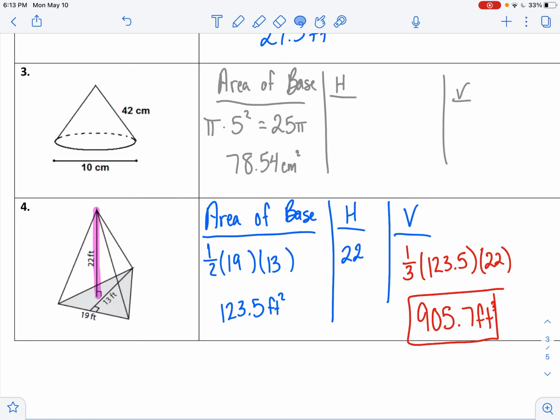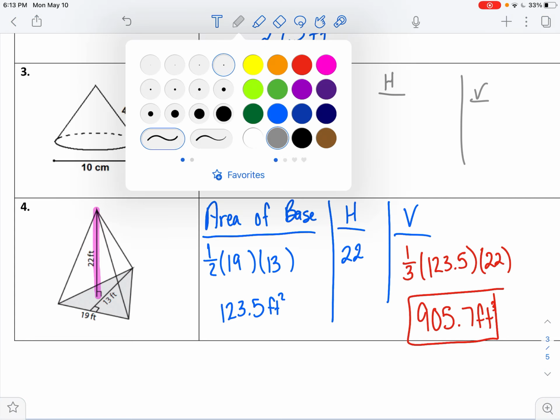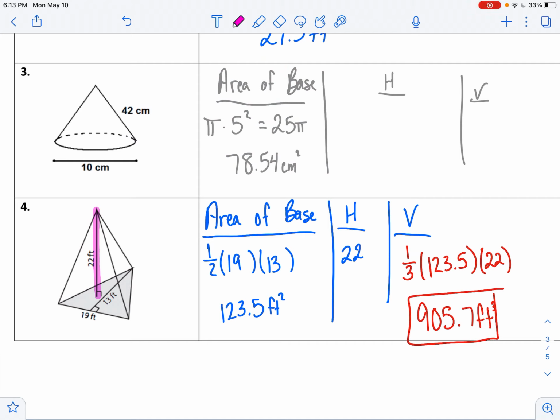I'm actually going to move this over. The height gets a little bit tricky. I'll do this in pink. Because this is the height straight down. It is not 42, that's the slant height. That is not the true height of the cone. So what I need to do is find that height. I'm going to draw in this right triangle here to find the height. I've got 42 as the slant height. This is 5 because I cut the base in half, and I want x.